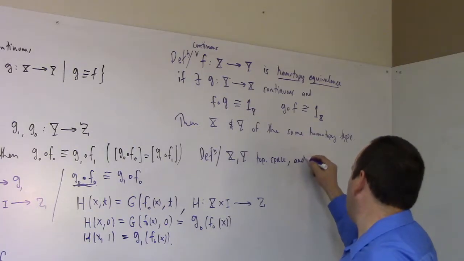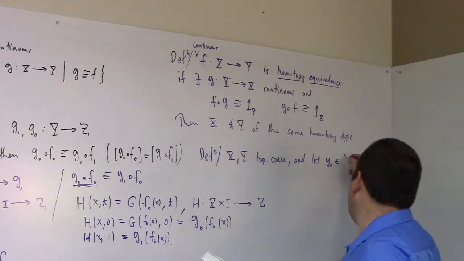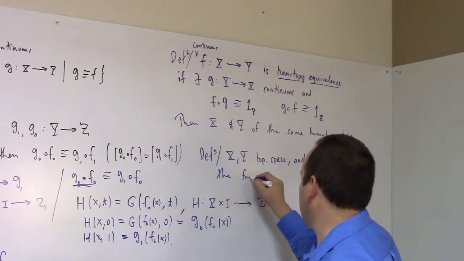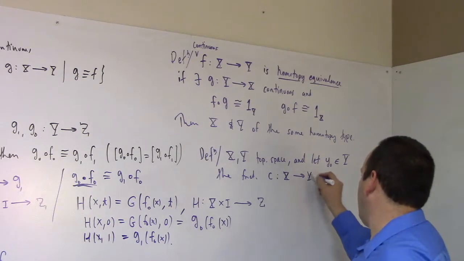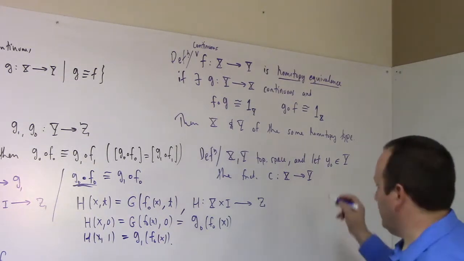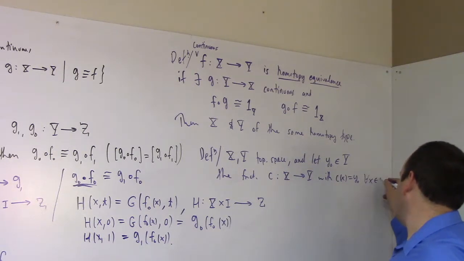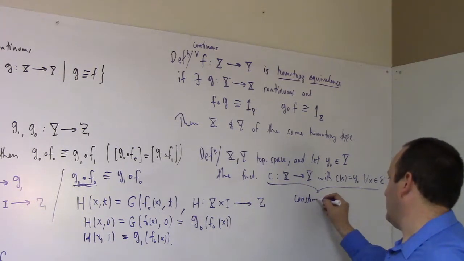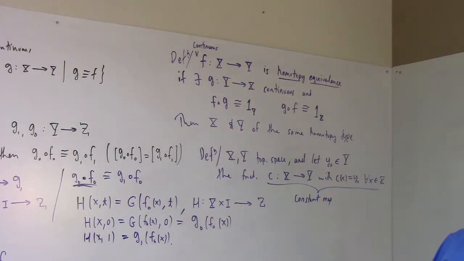And y naught an element of Y. Then the function c from X to Y with c of x equal to y naught for all x in X is the so-called constant map. You know that. He says it's the constant map at y naught.